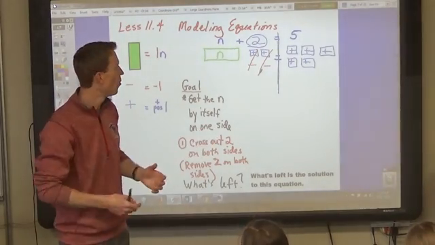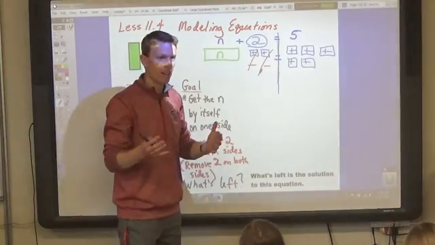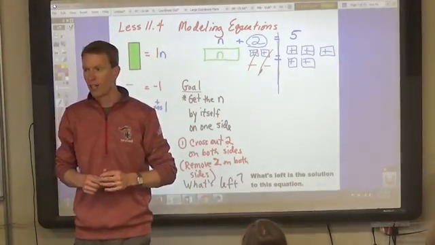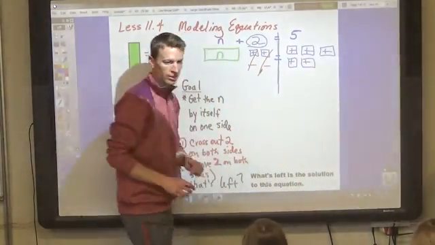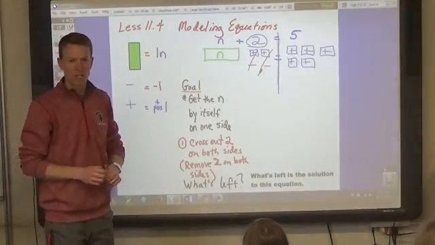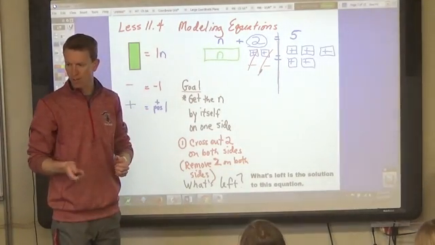Okay? So we could add negative 2, negative 10, negative 20, any number we want to, as long as you add the same number to both sides. That's a rule in algebra.